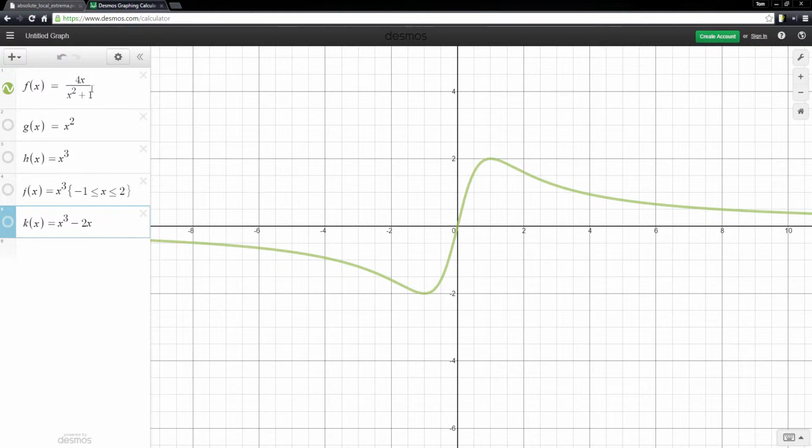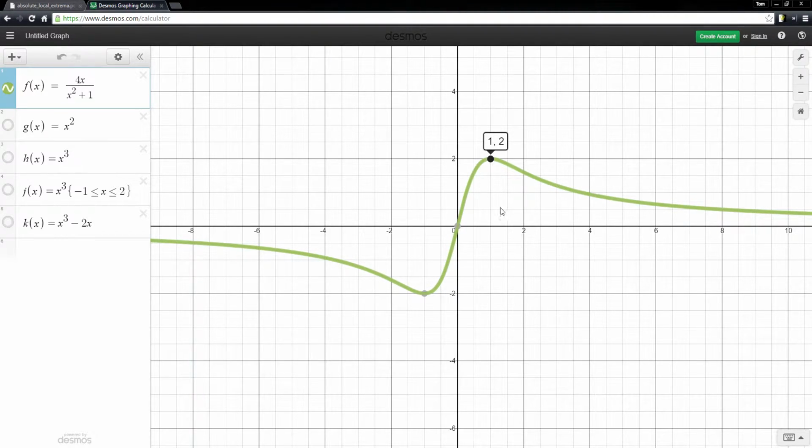First off, we have the function f of x equals 4x over x squared plus 1. The domain of this function is all real numbers. It's defined everywhere. And the absolute maximum occurs right here at this highest point on the graph. The y value of that highest point is 2, so 2 would be the absolute maximum of this function on the entire number line.